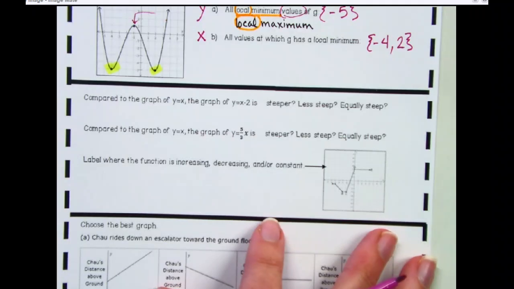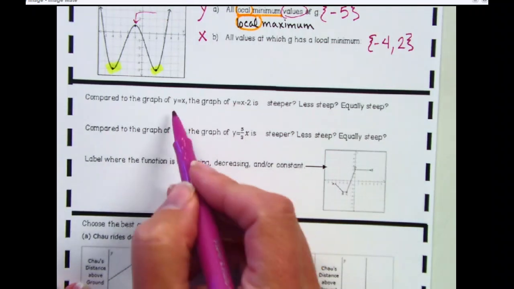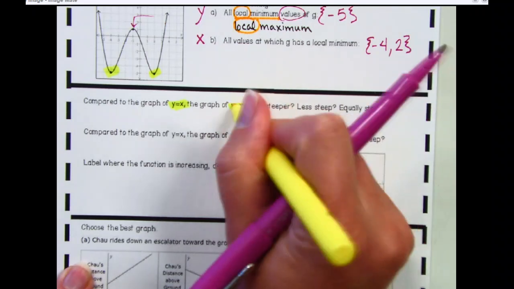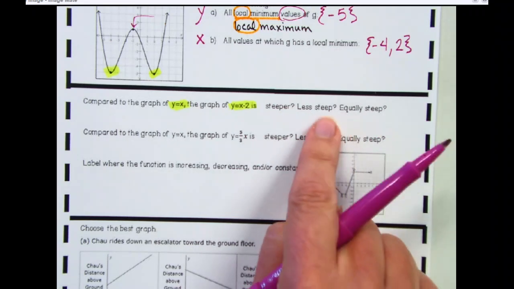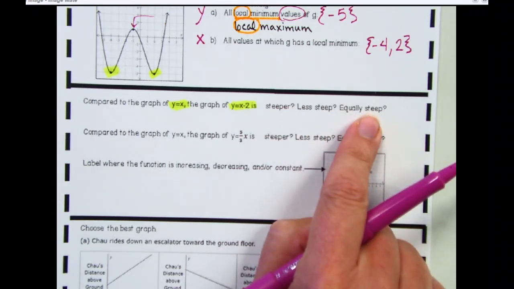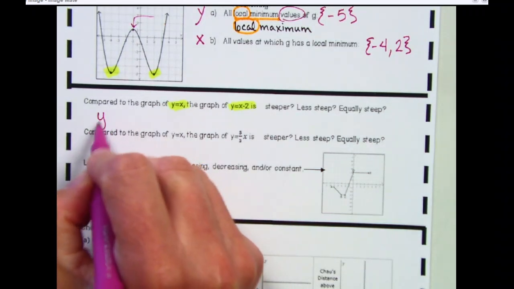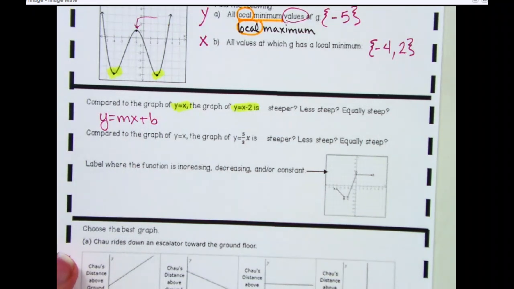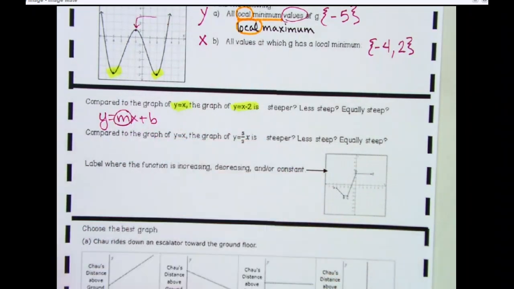Okay. Now we're just going to talk about some features of functions compared to the graph of y equals x. Is y equals x minus 2 steeper or less steep or the same steepness? Do you remember how to figure that out? If we have y equals mx plus b, what does the m refer to?